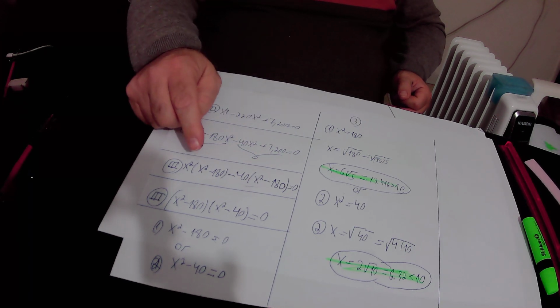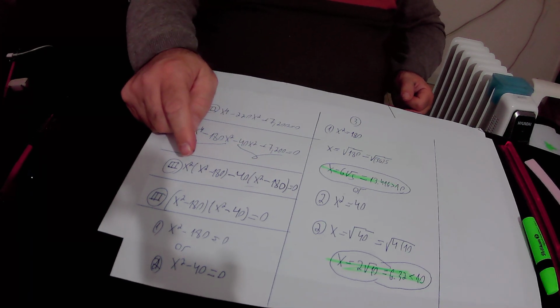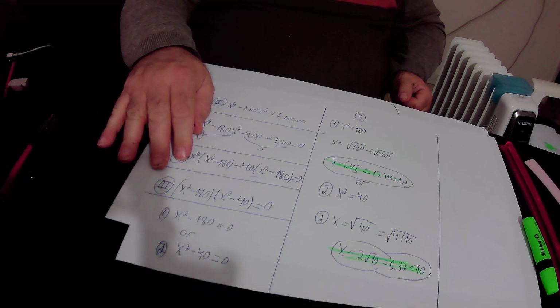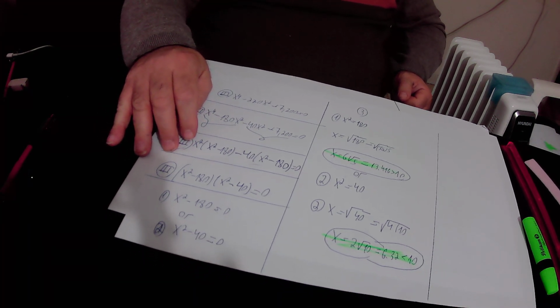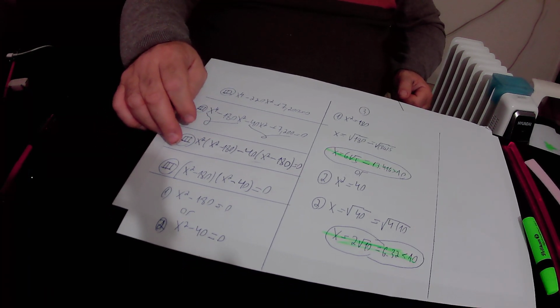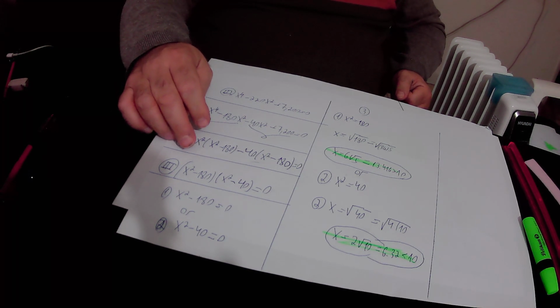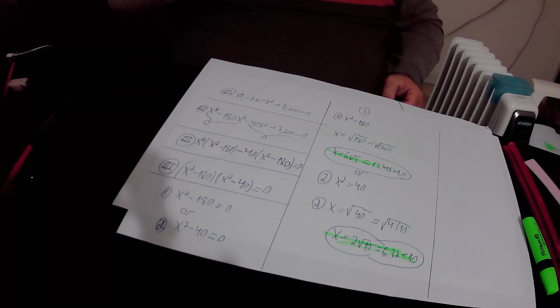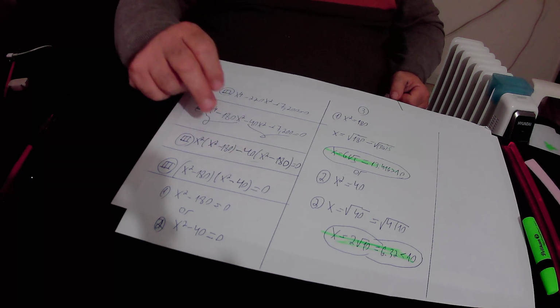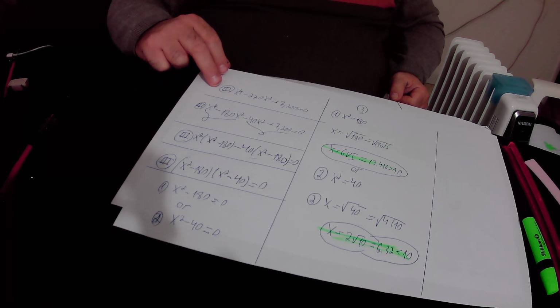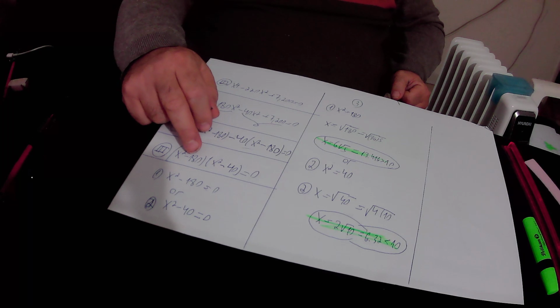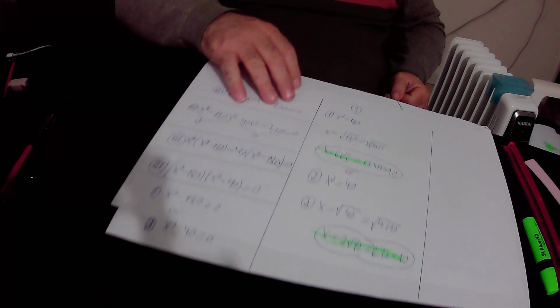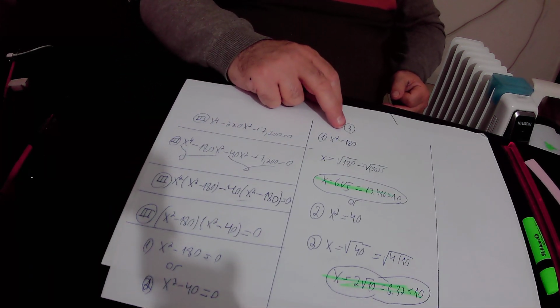After we took x squared minus 180 as a common factor, we have two possible solutions for x. The first solution is that x squared minus 180 equals 0, or the second solution is x squared minus 40 equals 0. In the first solution, x squared minus 180 equals 0, that is to say x squared equals 180.